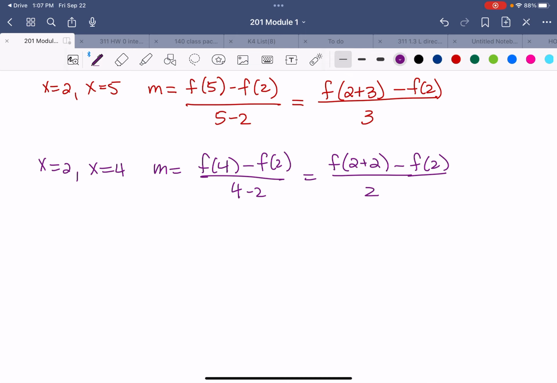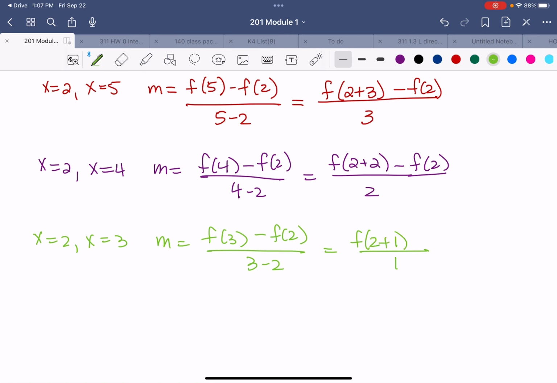And then next we had x equals 2 and x equals 3. So the slope was f of 3 minus f of 2 over 3 minus 2. And that left us with a 1 underneath. And f of 3 we're now going to write as 2 plus 1, minus f of 2.